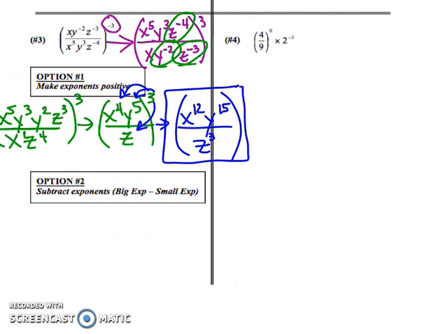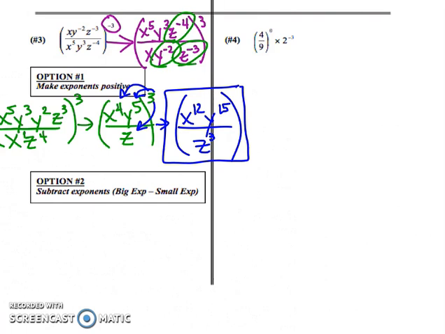Now another way that you could approach this problem, equally as good, okay, just a different approach, is to subtract our exponents. And we're going to think about taking the big exponent minus the small exponent. So sometimes our subtraction is going to take place in the numerator. Sometimes it's going to take place in the denominator, okay?